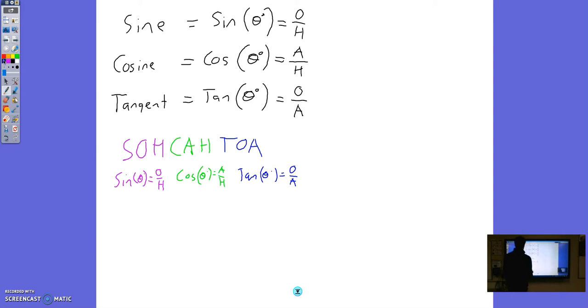Once we've labeled our triangles, we start working with these to find side lengths and angles within a triangle. So I'm going to give you a quick example of how to apply these to a triangle to get the given ratio. We're not going to be solving for a side length yet. That is going to happen in the next video. So you have a given triangle.